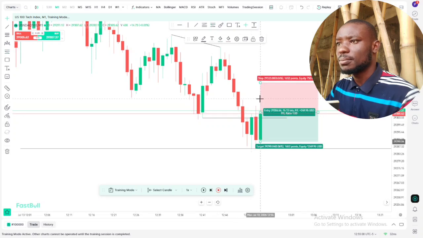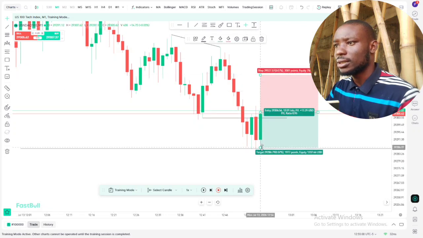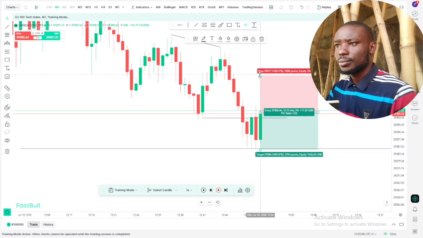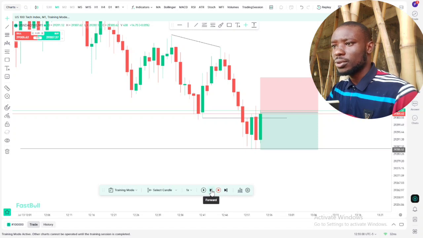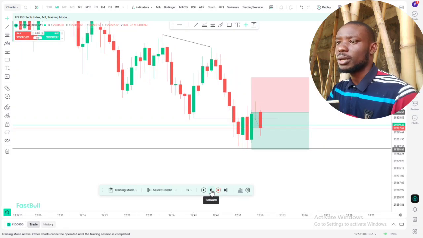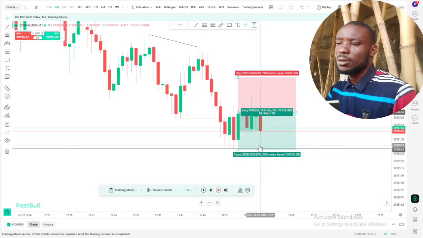My stop loss, I can't even tell where my stop loss is. Okay, so this was the trade I got in, and it was something like this. This was where I got into the trade, and the market was playing around, and this was 12:59.